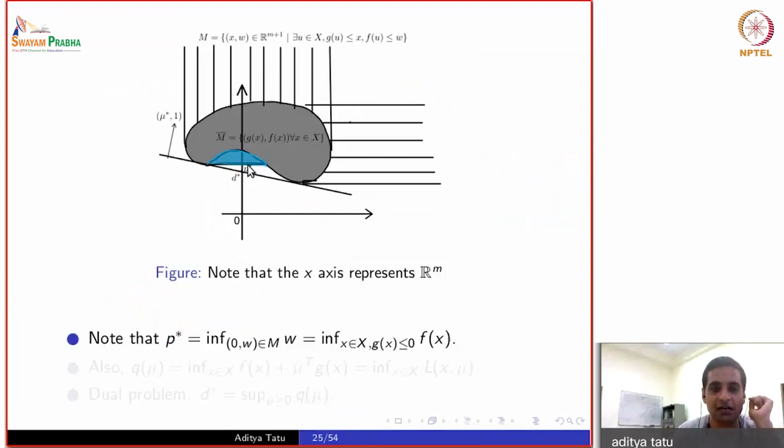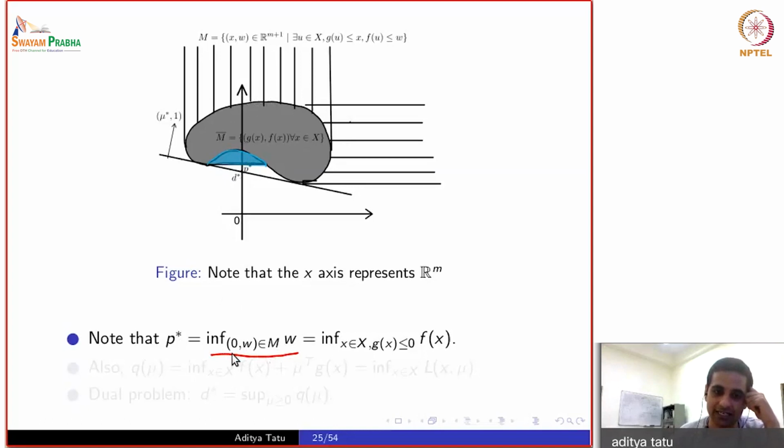What is P star? How can I write P star? P star is the smallest intercept of all points on M as well as on the y-axis, right? So that was the definition we gave here. What are the points in our new set M?